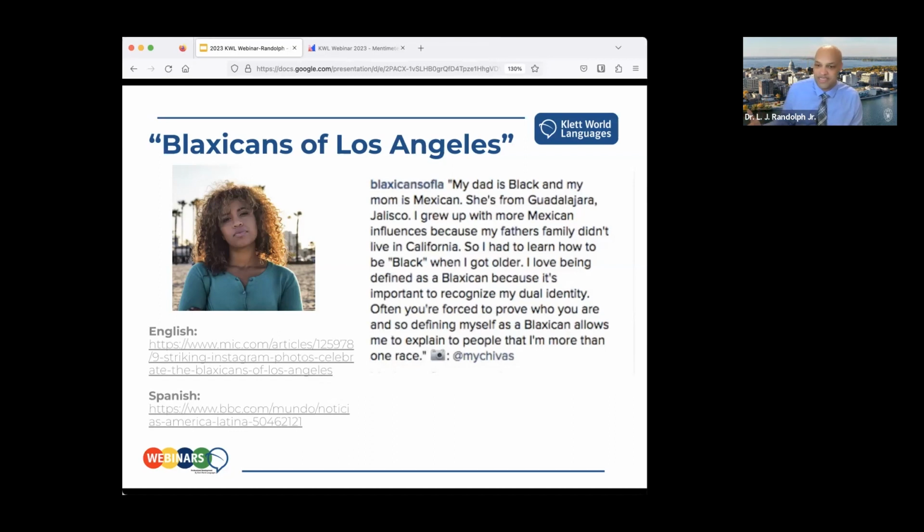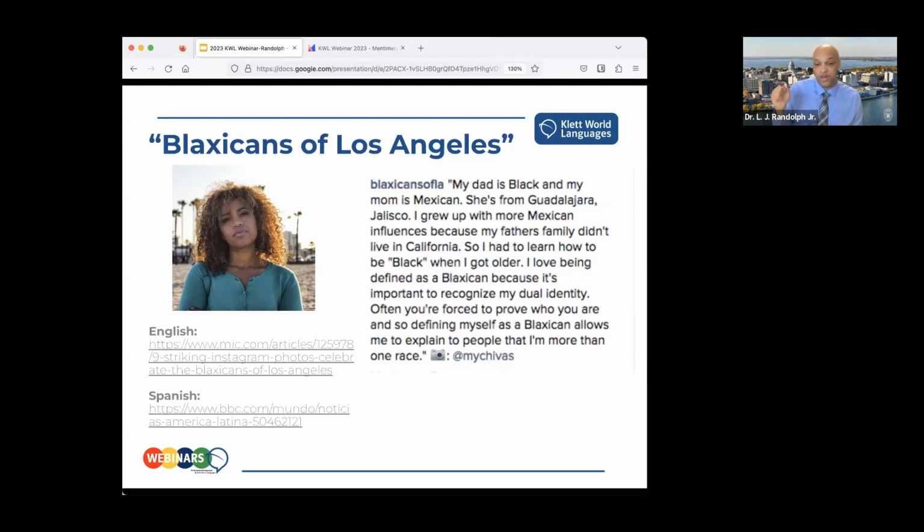She grew up more Mexican because her father's family didn't live in Mexico. So she talks about how she had to learn, in her words, how to be Black when she got older. And it's interesting to think about what that might mean. And it's neat to see how she settled on the identity as Blaxican because it was a way for her to recognize her dual identity.